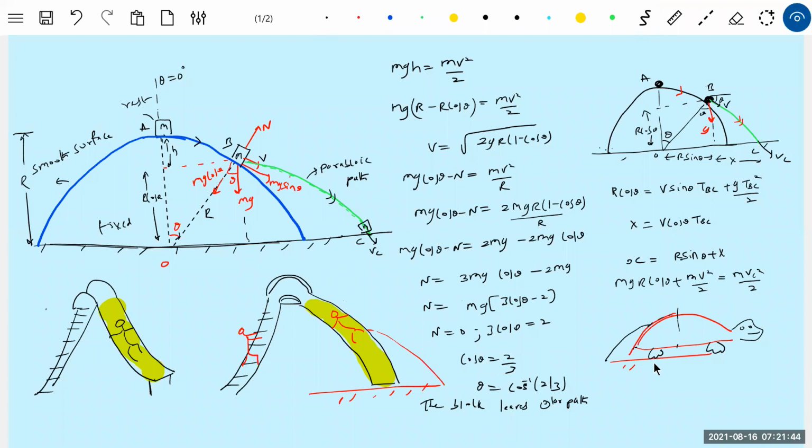If you give velocity, anything will happen. If you give velocity, definitely it is going to leave the circular path before reaching point B, from somewhere here. If it slides from rest, okay. If you give velocity somewhere here, then it's going to fall.